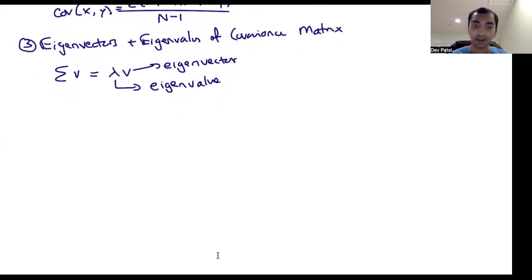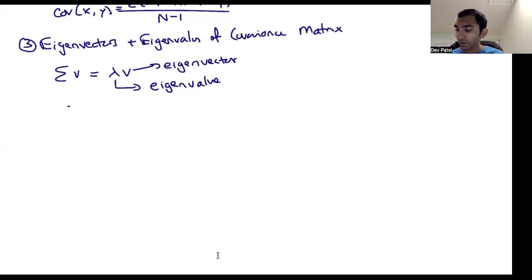So that's the relationship between multiplication of matrices with an eigenvector and scalar multiplication of the same eigenvector. Now, as we mentioned before, the reason that we do PCA is to preserve as much variation in the data set while also reducing the number of dimensions. So how do we calculate the cumulative sum of variance described upon adding each additional principal component?